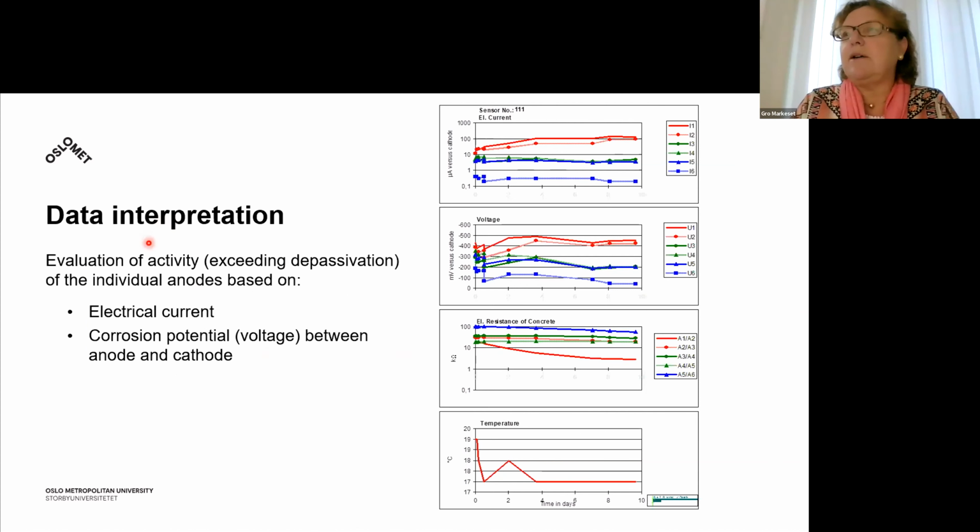And here is shown what we could measure. This is the electrical current. We could have the corrosion potential, the voltage here, and also the resistance of the concrete and the temperature, depending on when we are measuring. Here is illustrated day 2, 4, 6, 8, and 10.